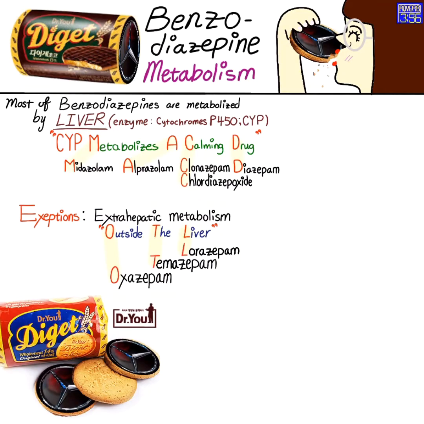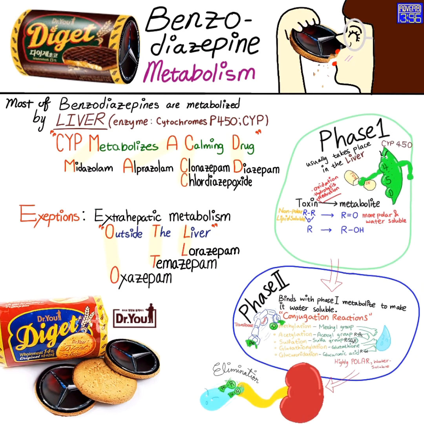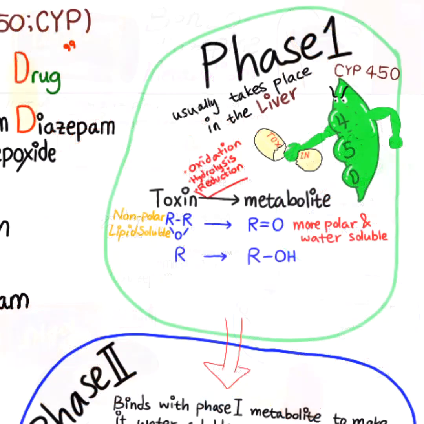So now we will see how these metabolisms take place. There are commonly known two phases of drug metabolism. Phase 1 usually takes place in the liver, and other organs like the intestine, kidney, and lungs also participate in drug metabolism, but only in small portions.